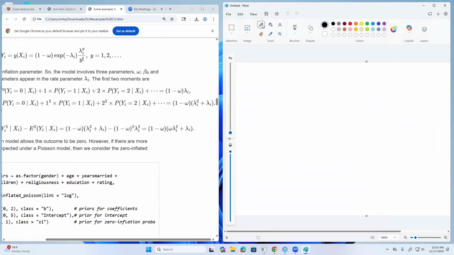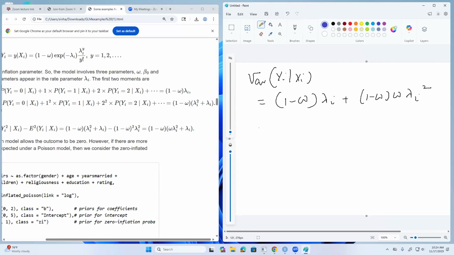So observe that the variance of yi given xi is equal to 1 minus omega times omega lambda i square.